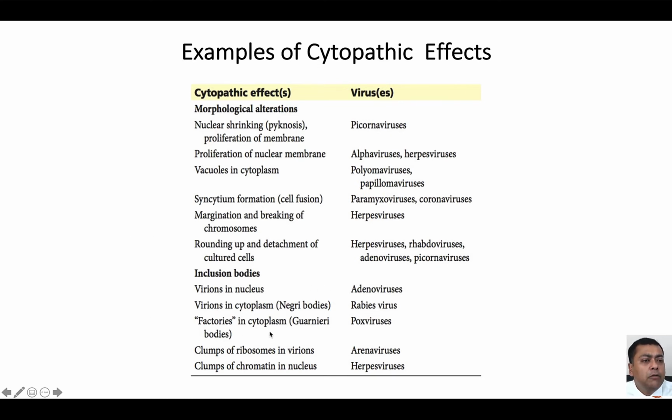On the other hand, inclusion bodies means that there are dense, inclusion-like structures in the cytoplasm of the cell. These could be virions in the nucleus, or virions in the cytoplasm. The classic example, definitely remember this one for your exam and the quiz, is that right here in the cytoplasm you have these Negri bodies.